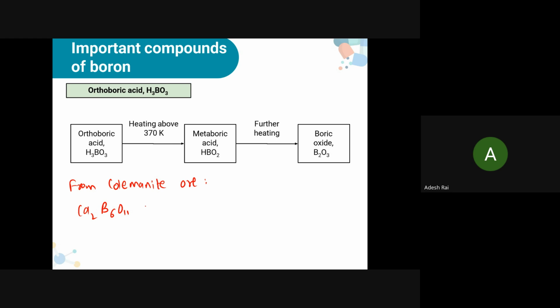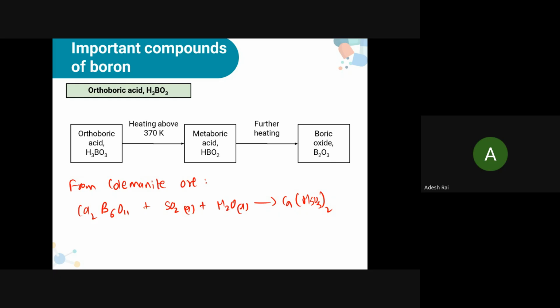Ca2B6O11 along with SO2 gas and H2O liquid. We get Ca(HSO3)2. Now what will we call this HSO3? Bisulfite, yes or no?